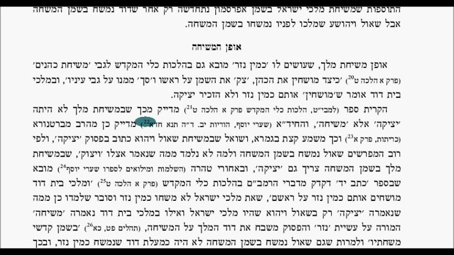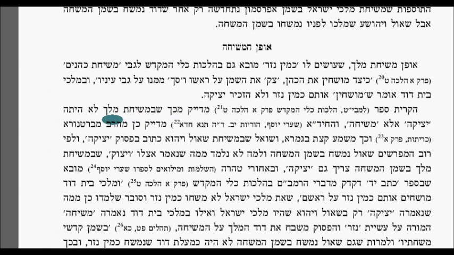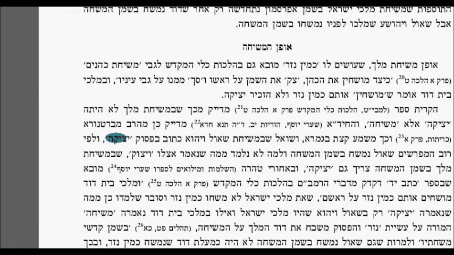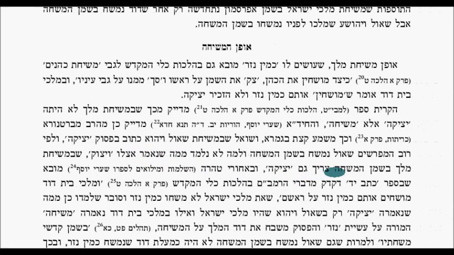The Kesef Mishneh points out that by the king, they did not pour, they only put it on with their hands, smeared it, and the Chida points this out from the Bartenura, and we see in the Gemara. And he questions that when Shaul was anointed, it says in the pasuk, Vayitzok, they poured it.